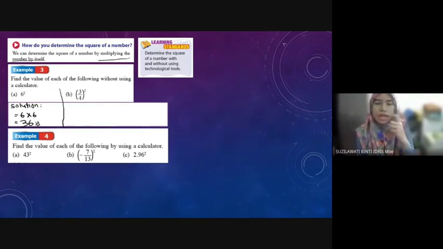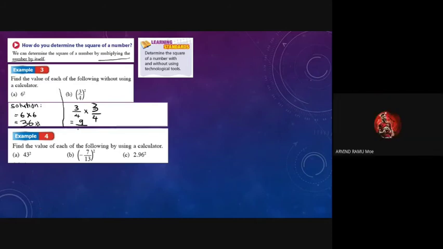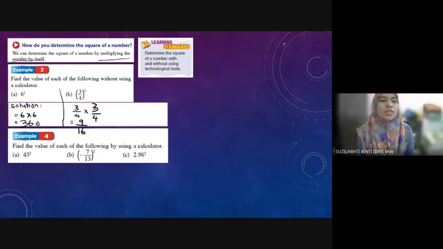So whether they give fractions or decimals, you just multiply by itself. Not difficult. 3 multiply by 3, 9. 4 multiply by 4, 16. So the answer is 9/16.